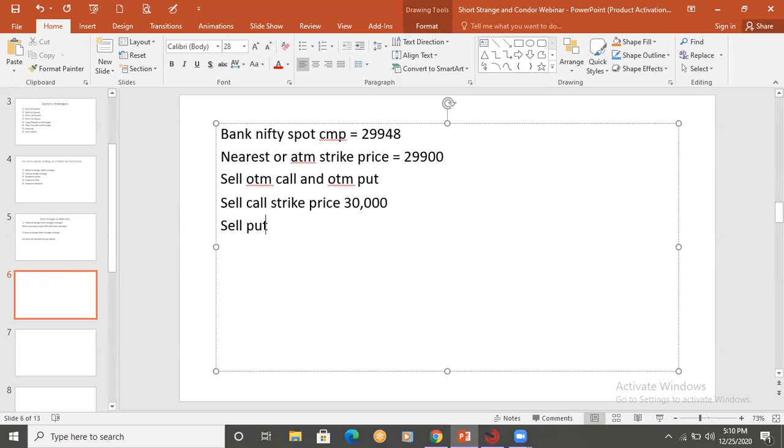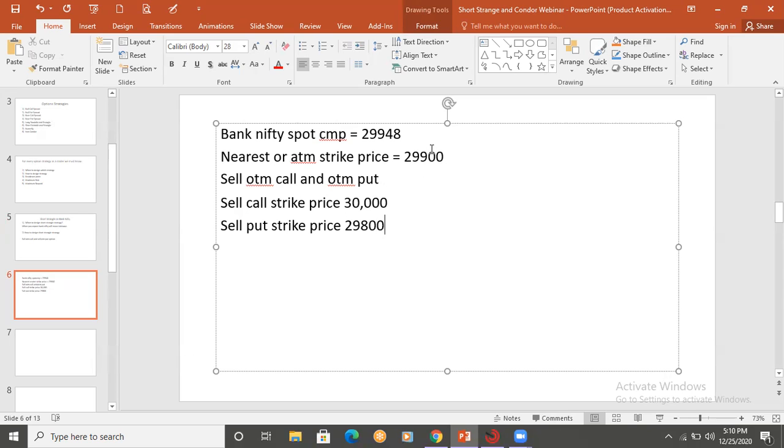Same thing we need to do for the put option. We need to do an adjustment of 100 points. So for the put option, we will minus 100 points. For the call option, we have to add 100 points to make it out of the money. For the put option, we need to minus 100 points to make it out of the money.